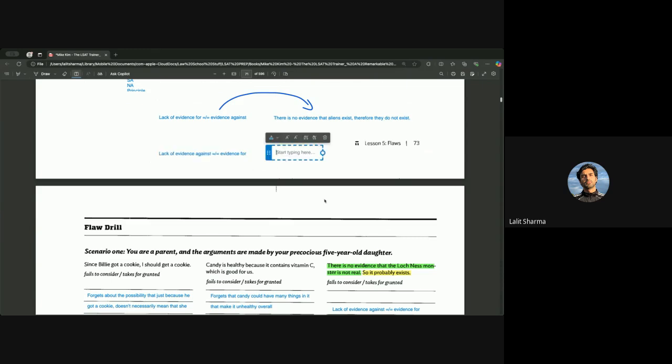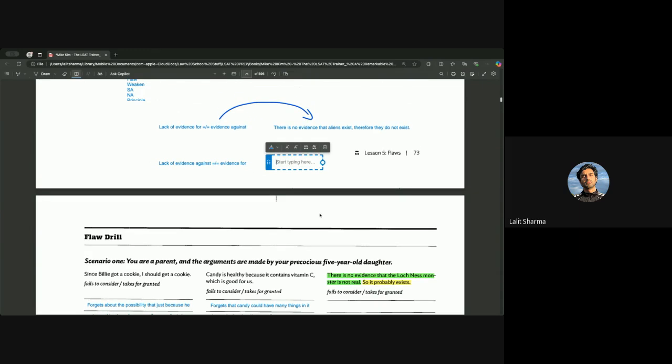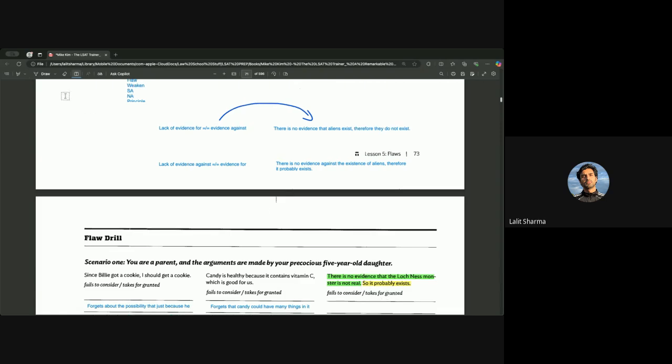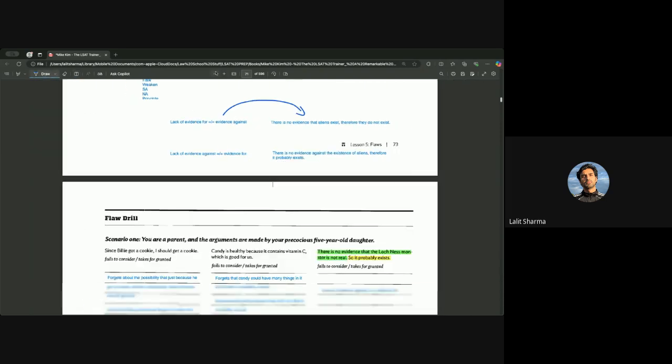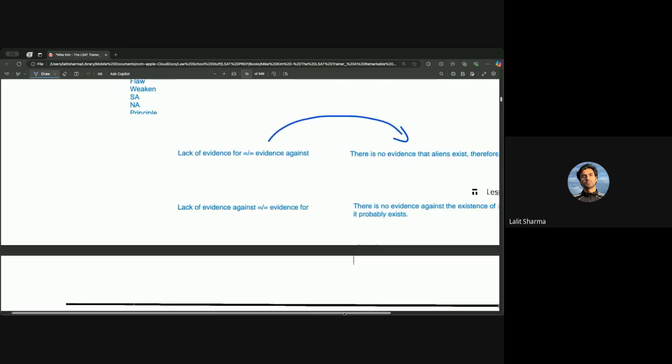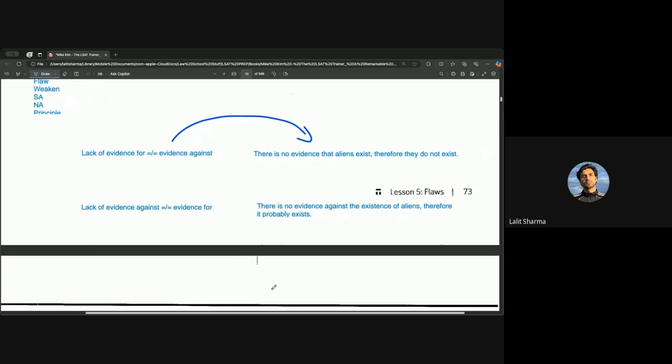If I made an alien argument for that one, it would be: there is no evidence against the existence of aliens, therefore they probably exist. And that's the one we got in the example, right? Do you see they're different things, but they're more like opposites?